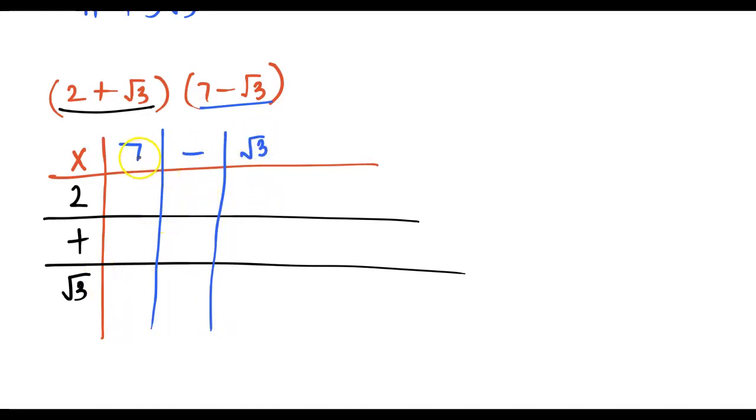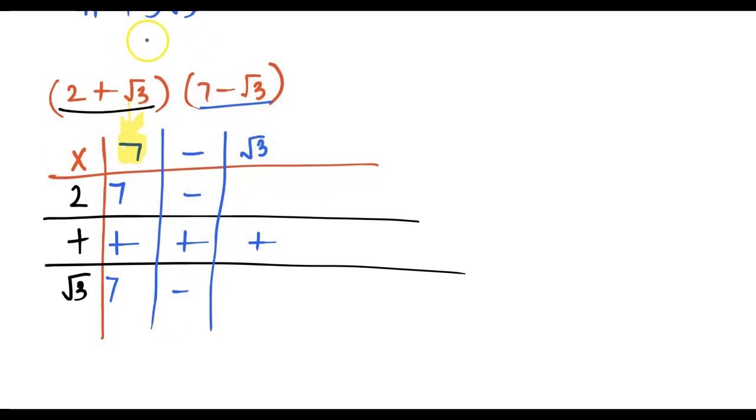Okay, so now we multiply. We just write 7. I mean, this is 7. So we're going to be copying down 7 to all the boxes. So 7 and 7. This was plus, plus, plus. This was minus and minus, right?